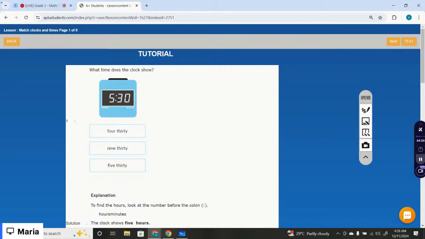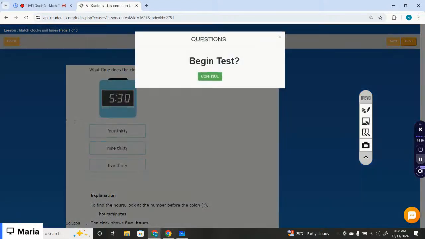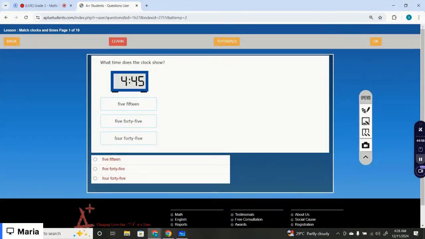The clock shows 5:30, right? 5 hours and 30 minutes it is, right? Before the colon, the number represents the hours, and after the colon, that represents the minutes. So 5 hours, 30 minutes it is. Let's just start with the test questions.